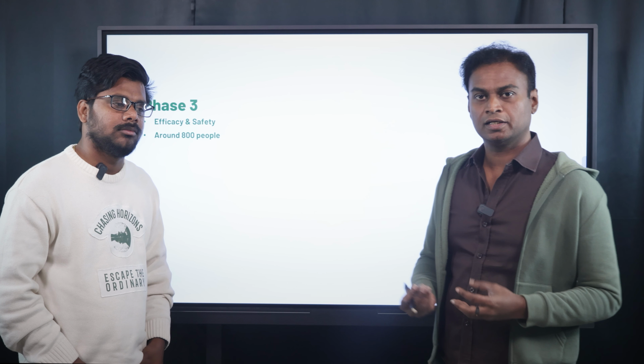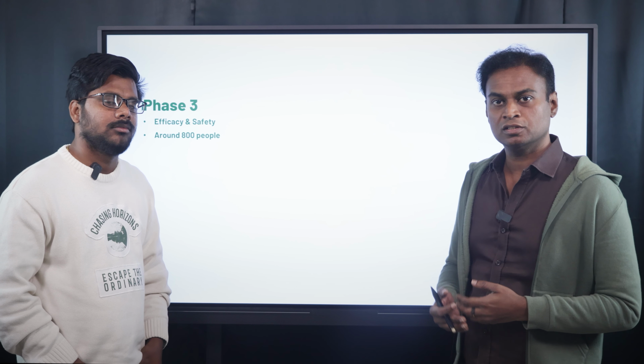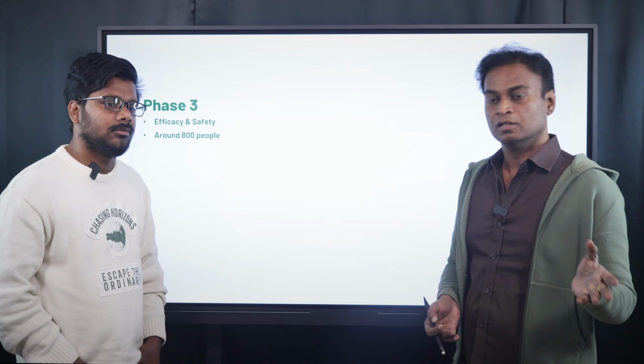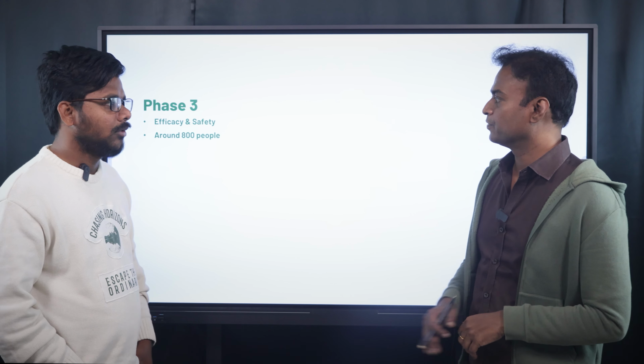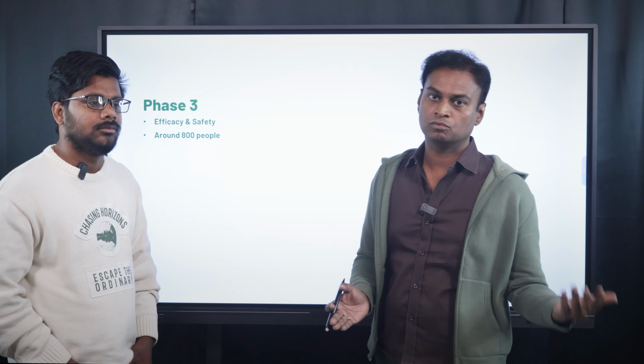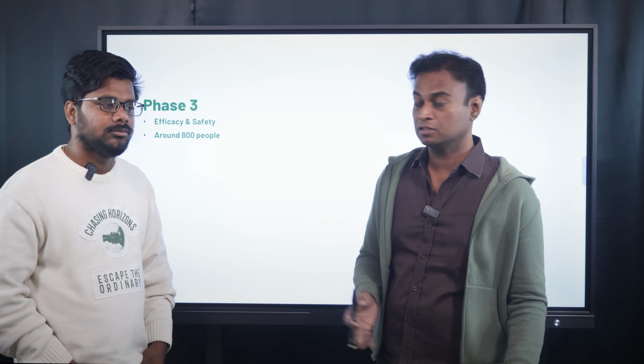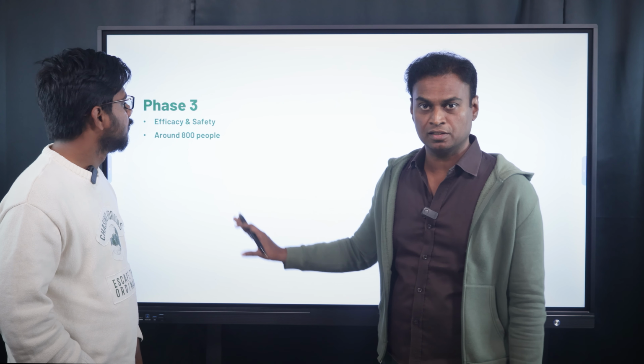You have to always invent a drug, device or procedure which is safer and better than the previous one, then only the government will give permission. So here what is tested is a comparison: how safe it is compared to existing drugs, how efficient it is compared to existing drugs, is done in phase 3.